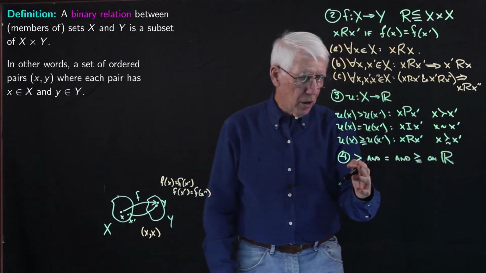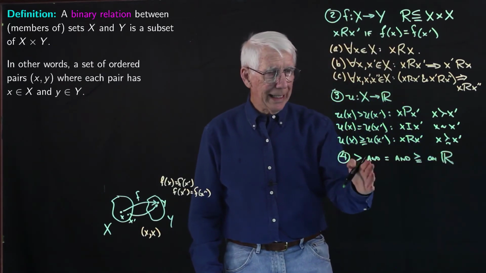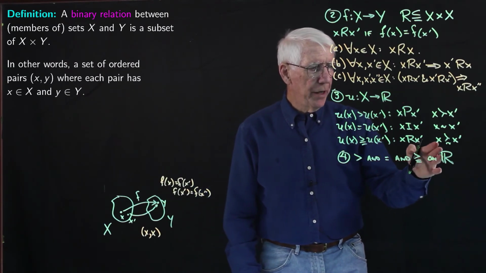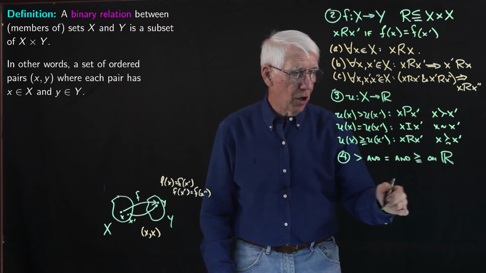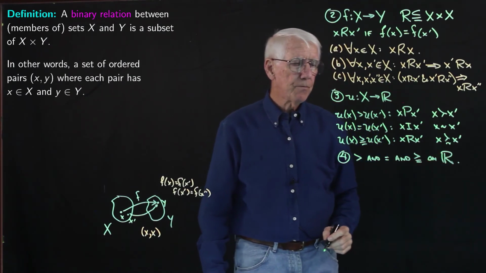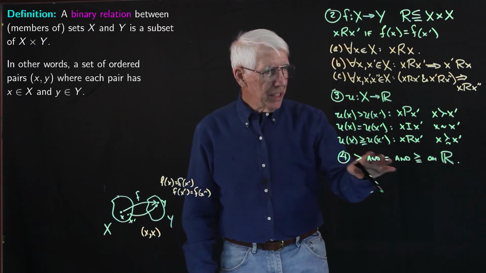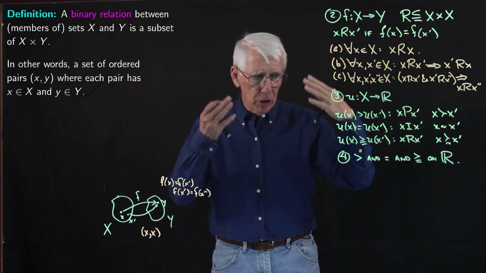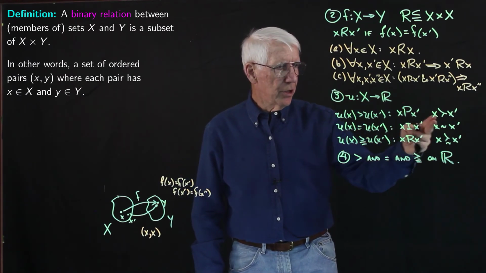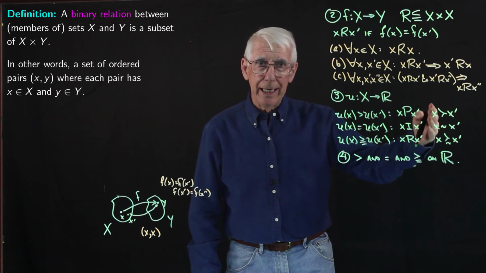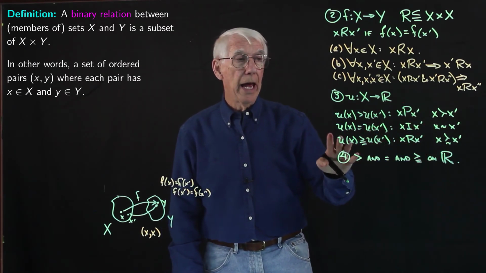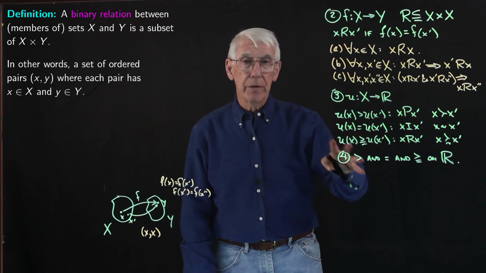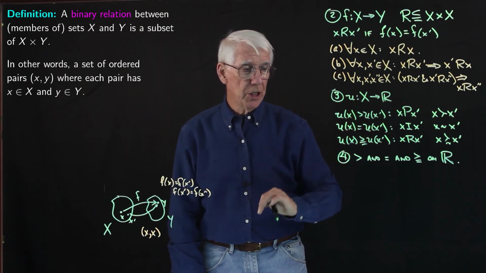So all three of these are relations on the real numbers. That is, each one is a subset of R cross R. And you can see the similarity, and even conceptually similar, to our three relations here, but they're not identical in general. And we're going to come back and compare these and talk about them in a few moments.